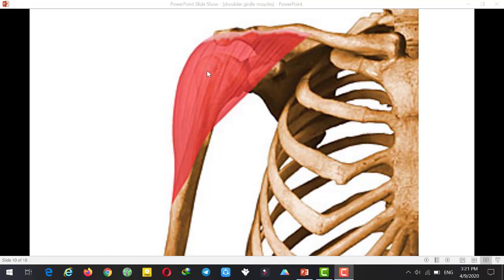If we have a disorder in initiating the abduction of the arm, you can help the person initiate it, and other muscles like the middle fibers of the deltoid and trapezius do the continuation of the abduction. So initiation of this is with the supraspinatus.